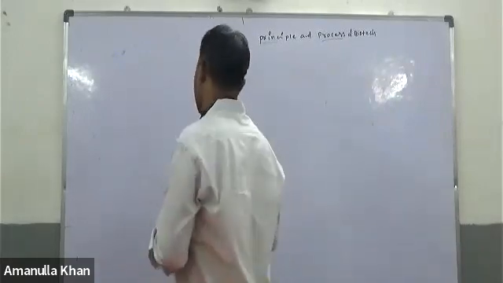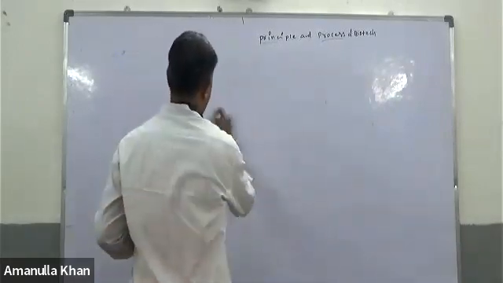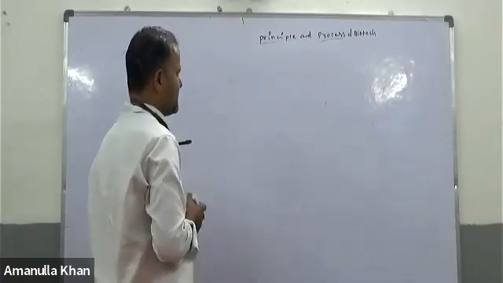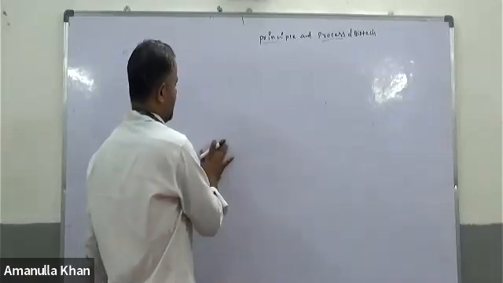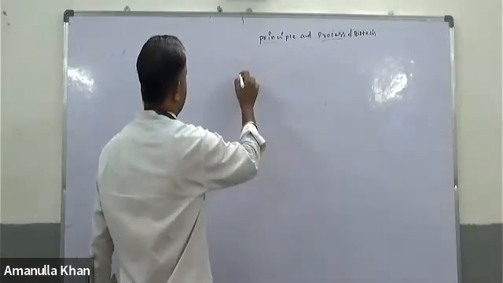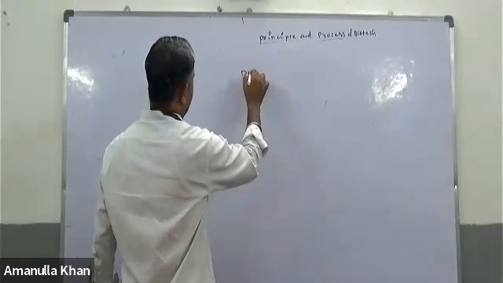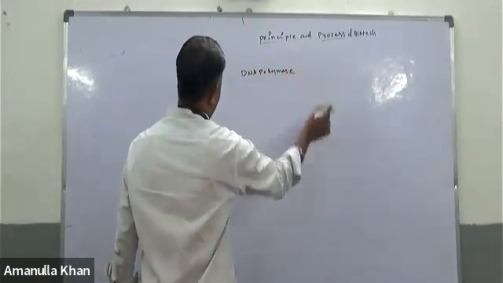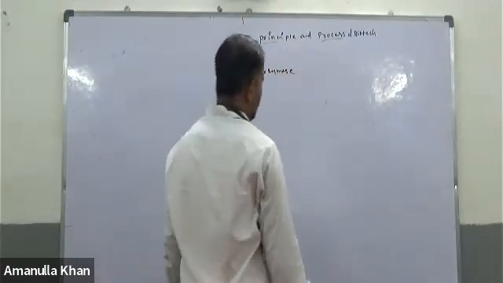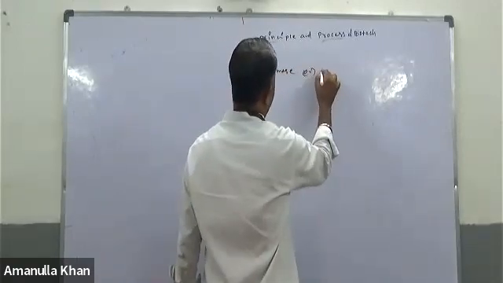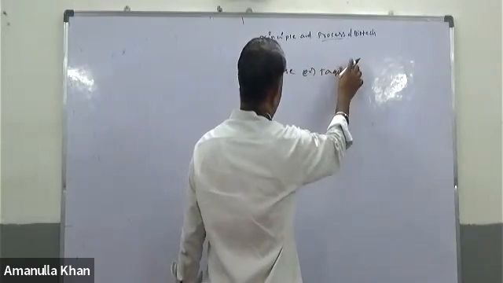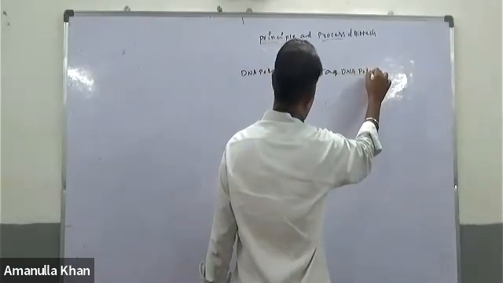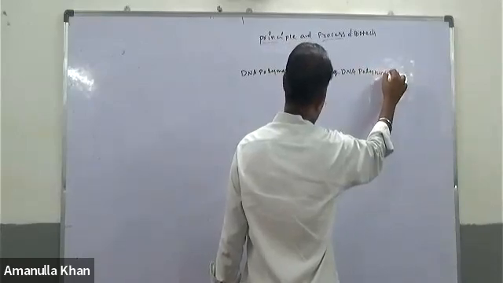Now, after cutting the DNA by restriction endonuclease and exonuclease enzyme, the next enzyme is DNA polymerase, also called Taq DNA polymerase.